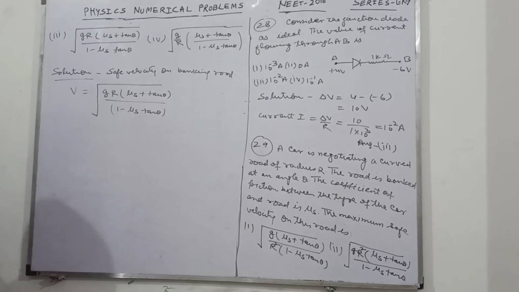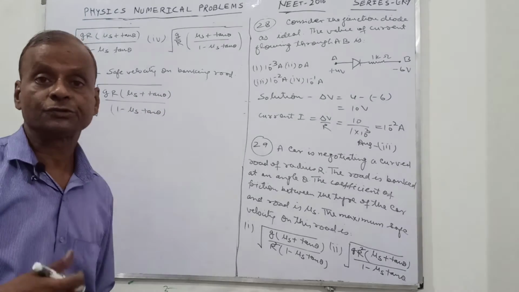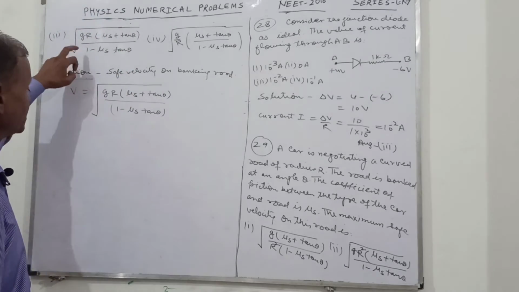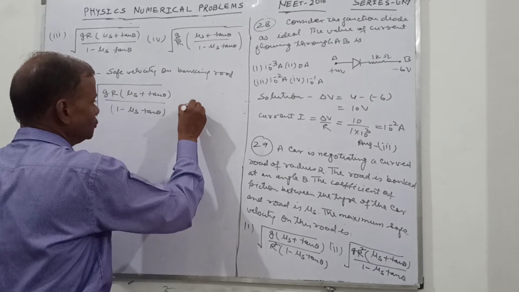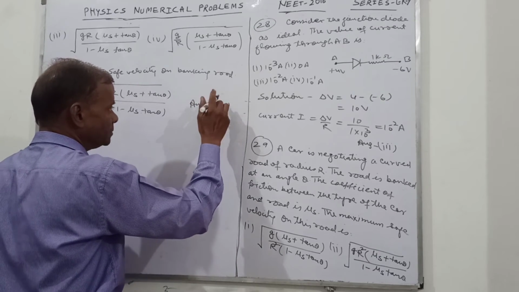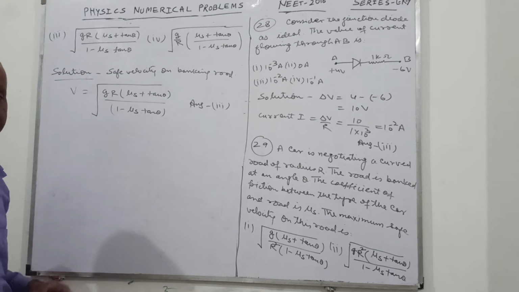This is a direct formula, so we have to use the formula directly. So you can see that our right option is the third one. So our answer is third. This is the correct answer.